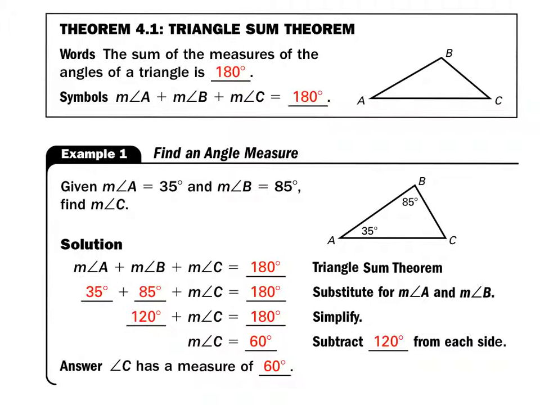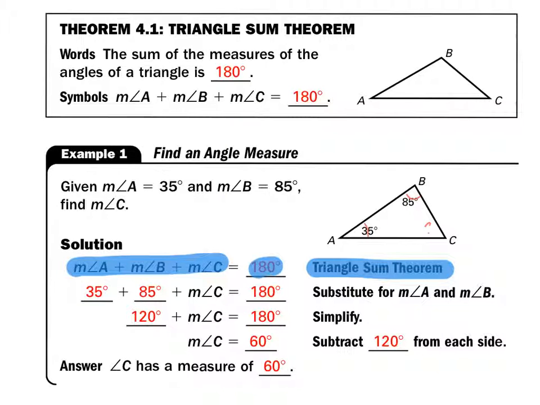In this example, angle A is 35 degrees, angle B is 85, and it's asking you to find angle C. Since we know that angles A, B, and C added together sum to 180 degrees by the triangle sum theorem, I just use substitution.